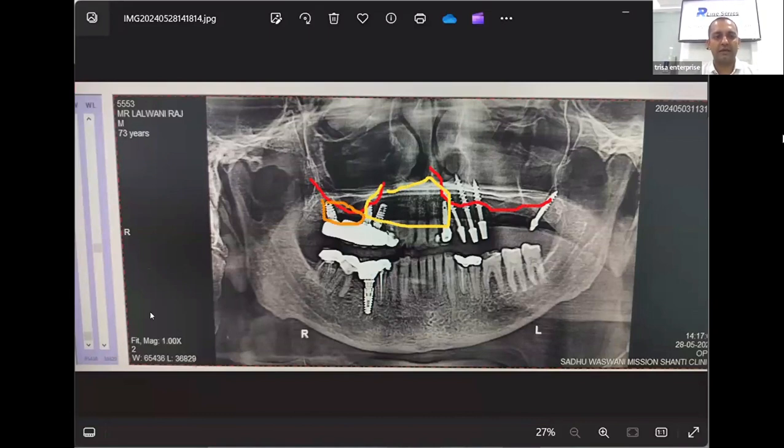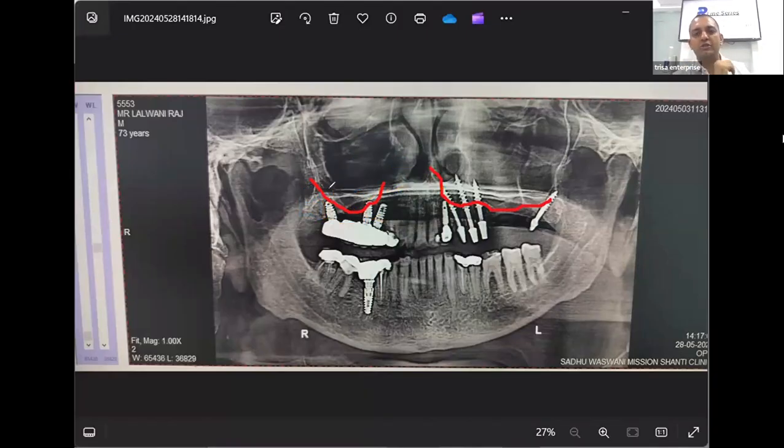And what I'm marking in blue is your pterygoid. So the maxilla for all practical purposes is divided into zone A, zone B, and zone C. Anything ahead of the sinus is zone A, anything below the sinus is zone B, and anything behind or distal of the sinus is zone C. So far, so clear to all of you? Just let me know in the comment box.